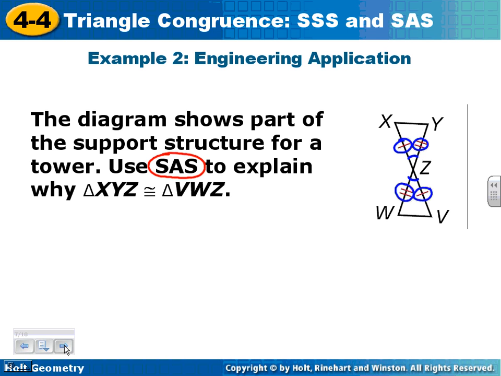So ask yourself, are those congruent? Yes, because they are vertical angles. Remember, vertical angles are always congruent. I'm sorry, back up. I have two sides and the angle between them. So yes, I got side angle side.